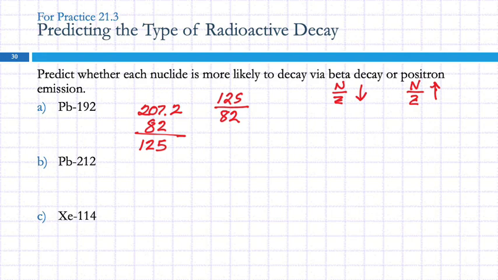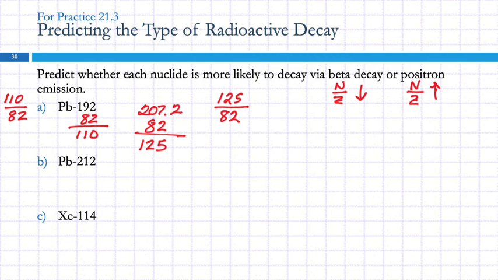This one, we have 192 minus 82, 110. So that guy would be 110 over 82. It needs to do something that's going to increase the ratio of neutrons to protons.